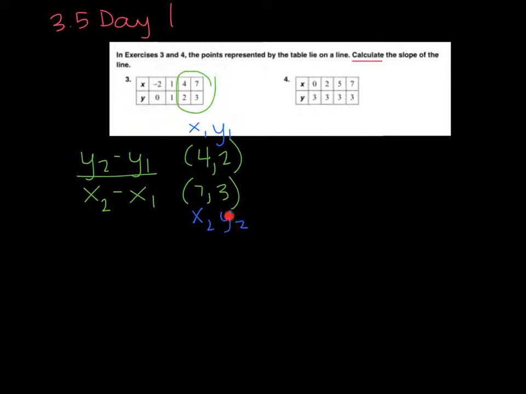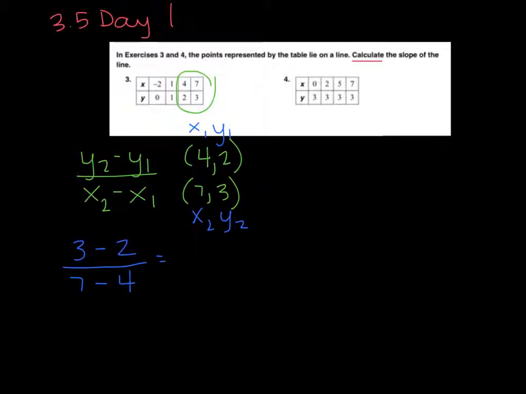If this number is my y2, I put it where y2 is in my formula. So I have 3 minus 2 as my numerator, because it's y2 minus y1. In my denominator, I have 7 minus 4, because that is x2 minus x1.